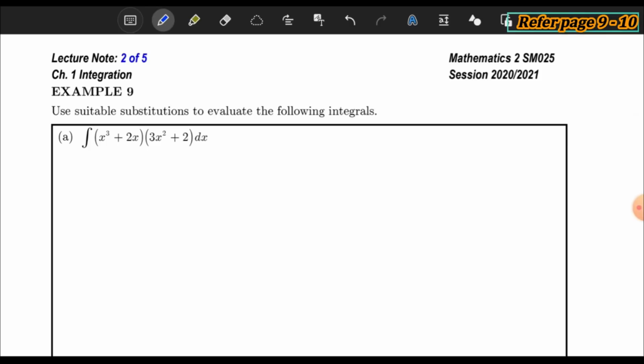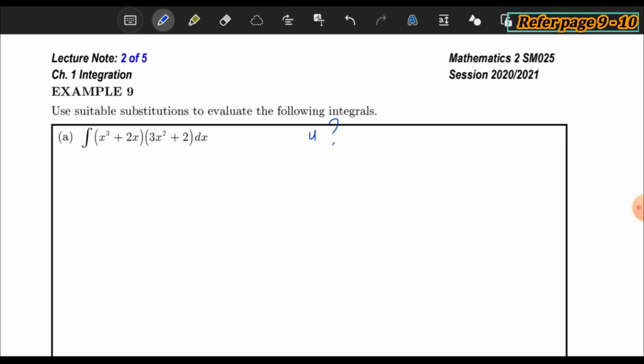First, we have integrate (x cubed plus 2x) times (3x squared plus 2) dx. For substitution, how to choose u? Usually, u is the function with higher degree or the more complicated function.